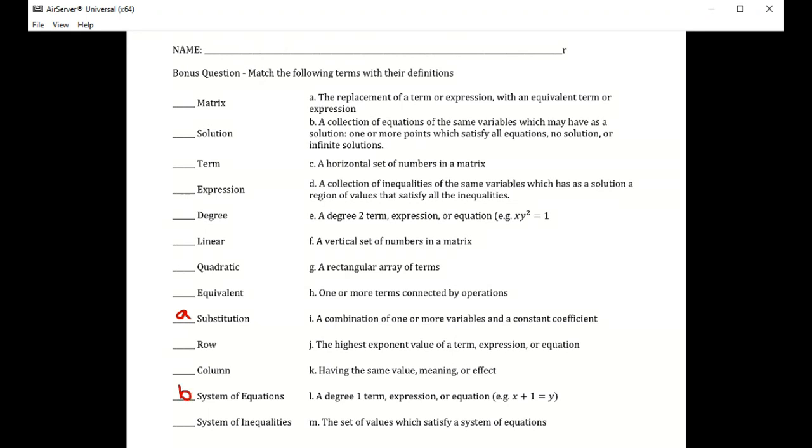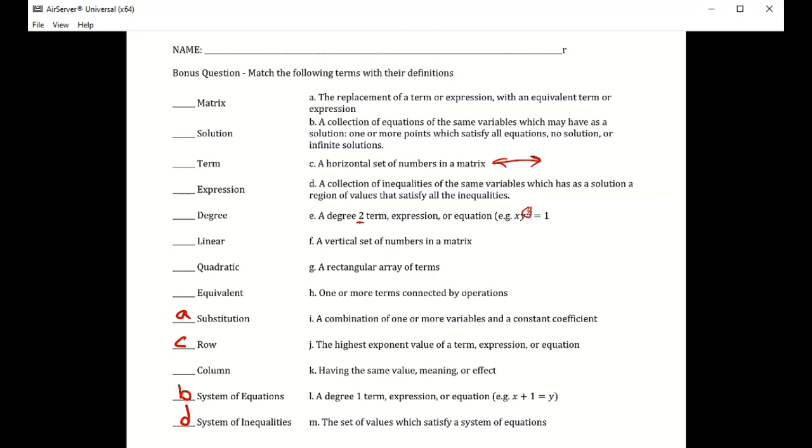Horizontal set of numbers on a matrix, horizontal. So C, that's our row. Collection of inequalities of the same variables. Stop right there. That's our system of inequalities. A degree 2 term, expression or equation. Example, xy squared equals 1.